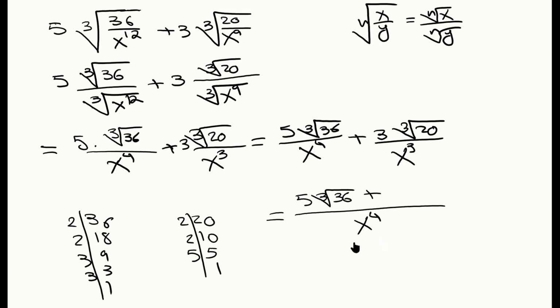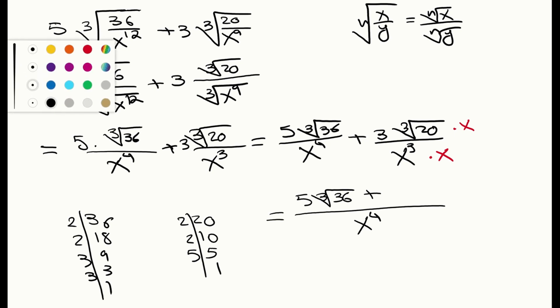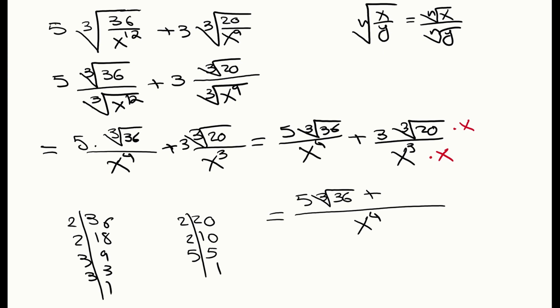It's going to require an x factor, so we're going to go ahead and multiply the denominator and the numerator by x. So we're going to get 3x times the cube root of 20. So, and that's pretty much all that we can do here.